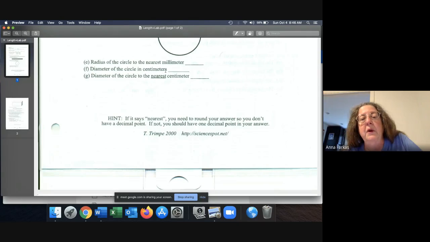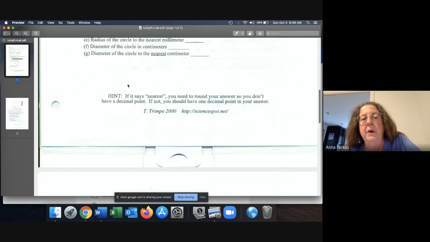And this one is the exact measurement. Here in G, you're going to take that measurement and round it to the nearest whole centimeter. Remember, up to 0.4 goes down, 0.5 and up goes up. Okay, so nearest should have no decimal points. If you haven't rounded, it'll have a decimal point.